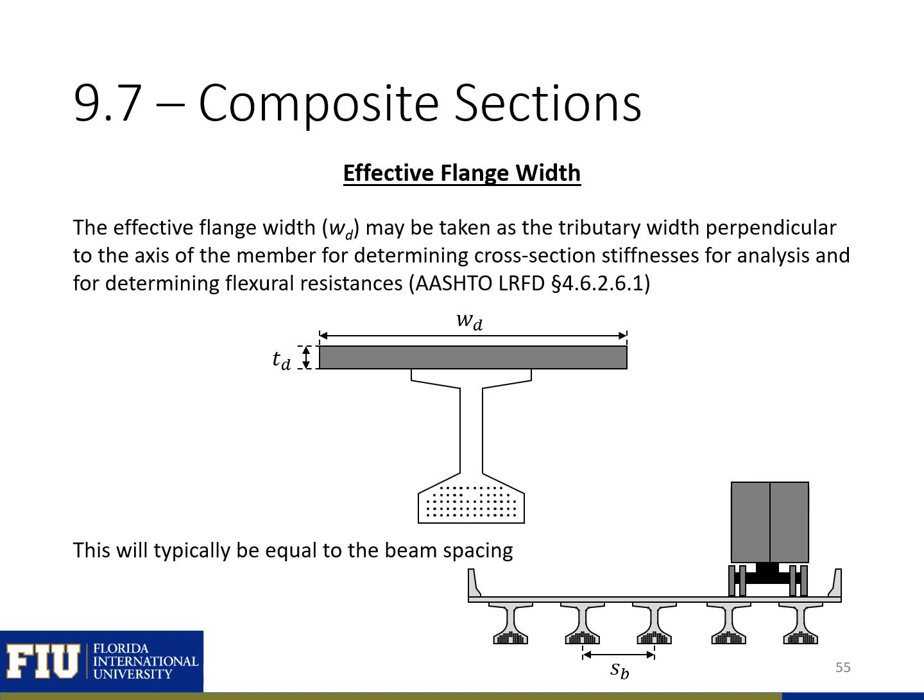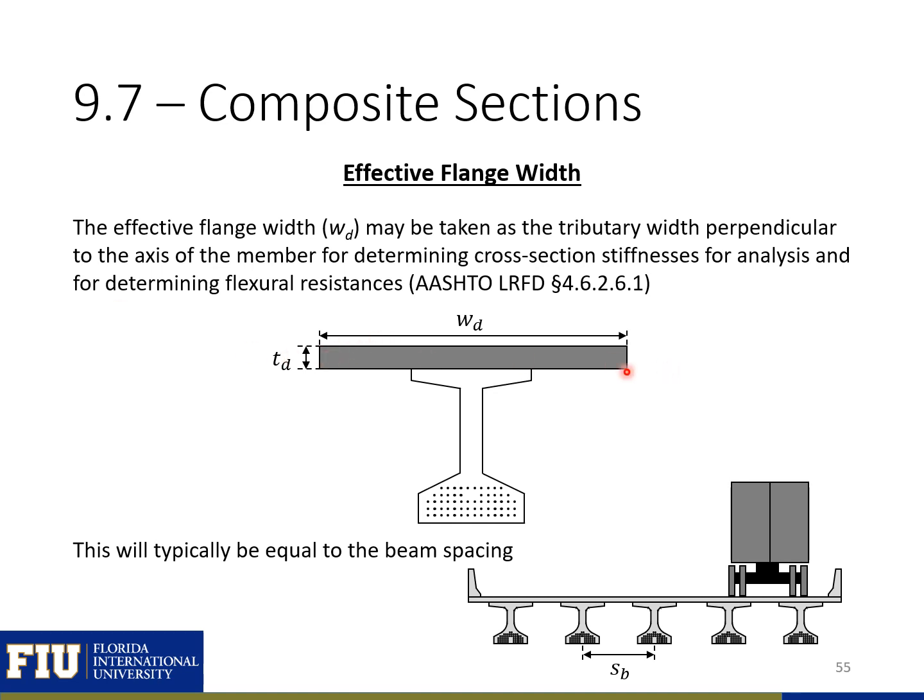For composite section properties, we're going to need to use the effective flange width for our section. In ACI, there's a set of equations to calculate the effective flange width, so you would go to ACI 318-19 to calculate it. For AASHTO, there's a separate requirement. AASHTO allows the effective flange width to be taken as just the tributary width perpendicular to the axis of the member.